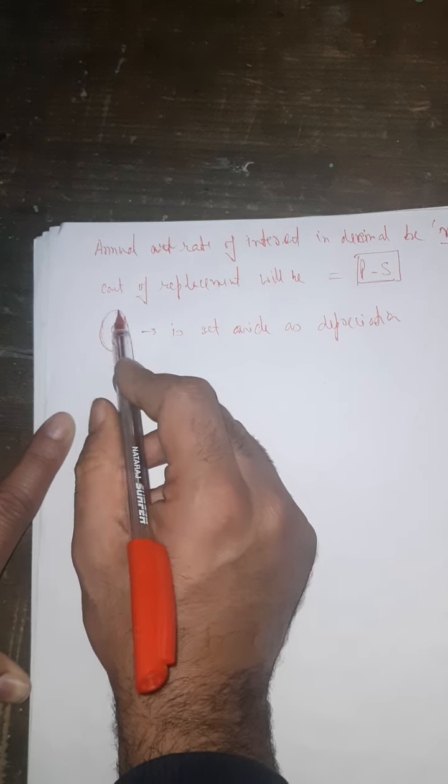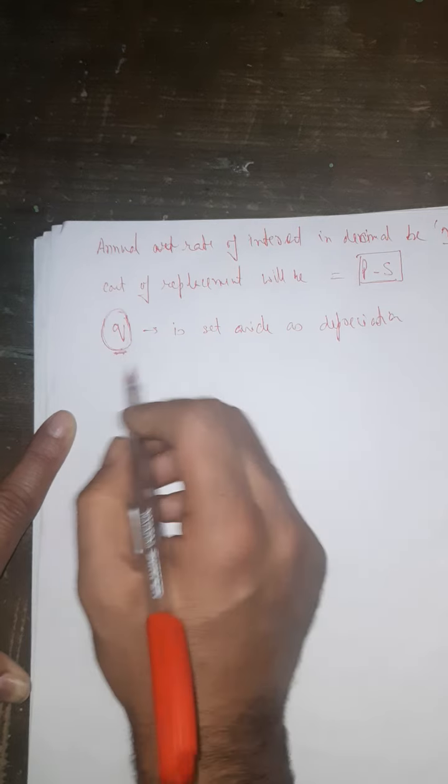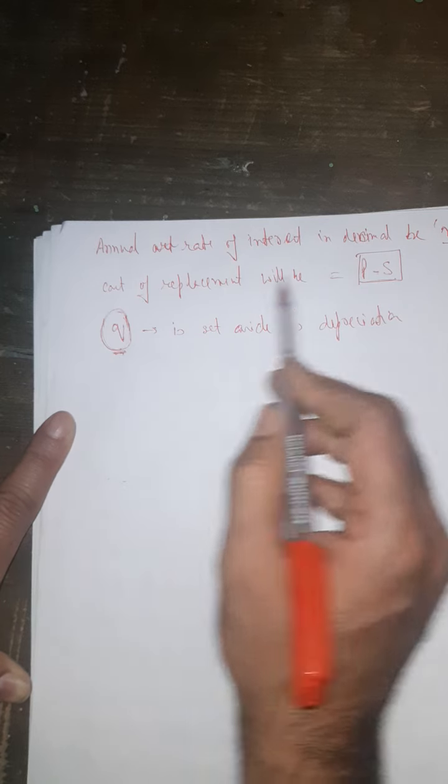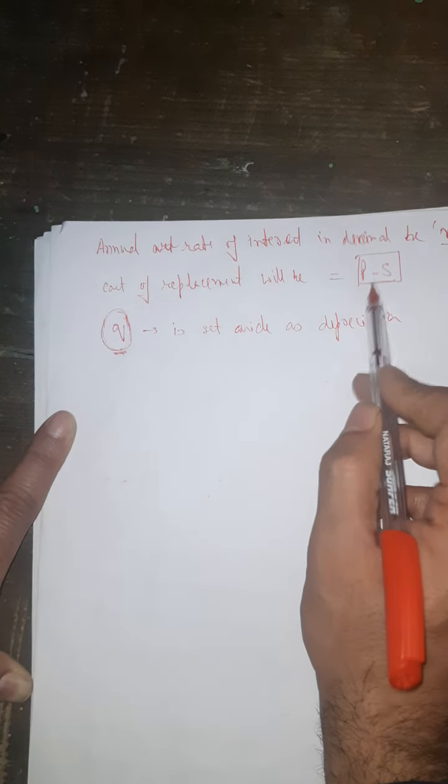If this depreciation plus the compounded interest on it becomes equal to P minus S, that is the replacement cost of this equipment after n years.